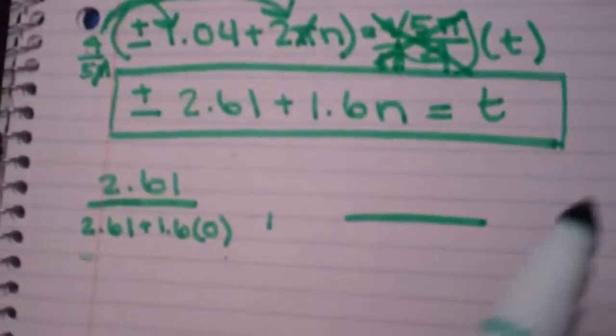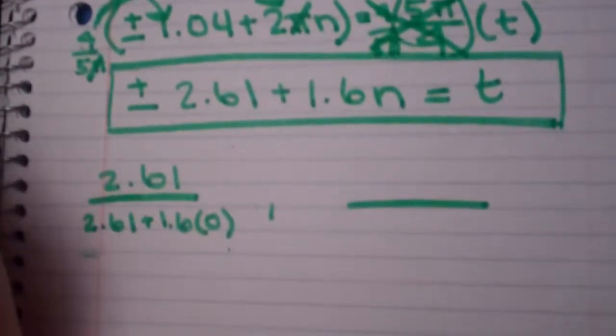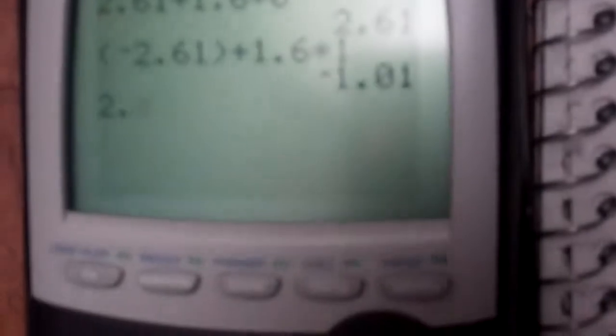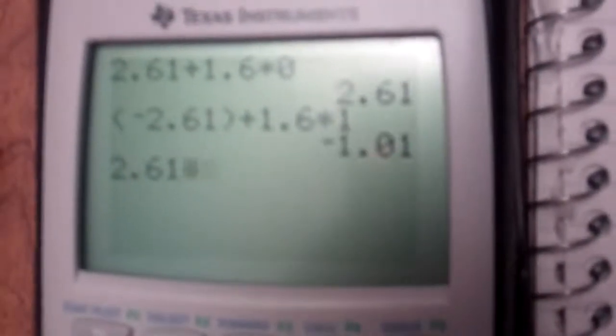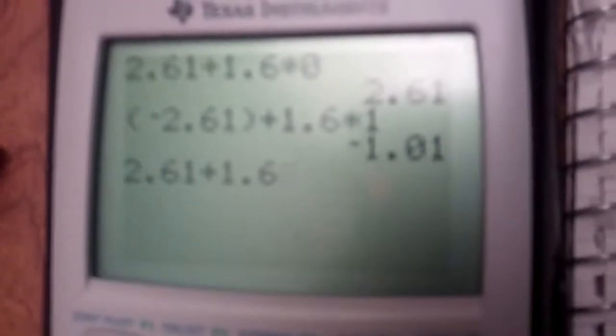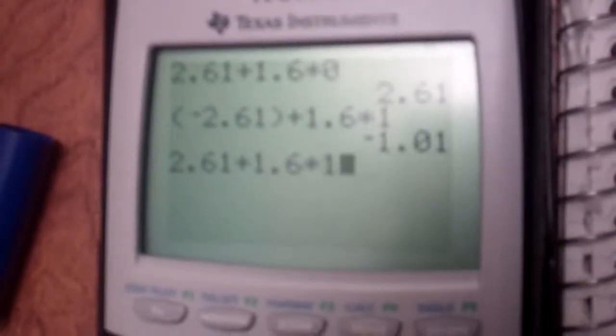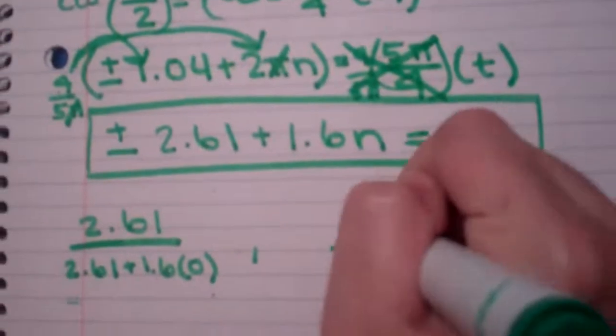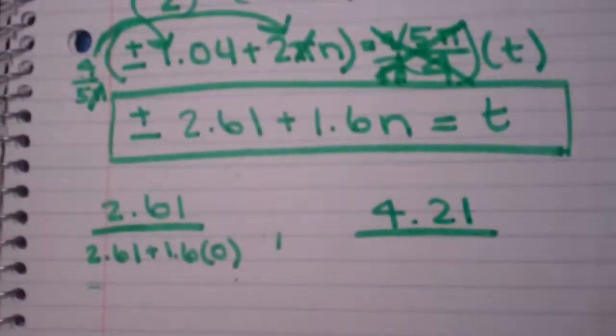And we get negative 1.01. So we know we can't use the negative one of that. So we're going to try positive 2.61 plus 1.6 times 1. And we get 4.21. So that is our next positive value.